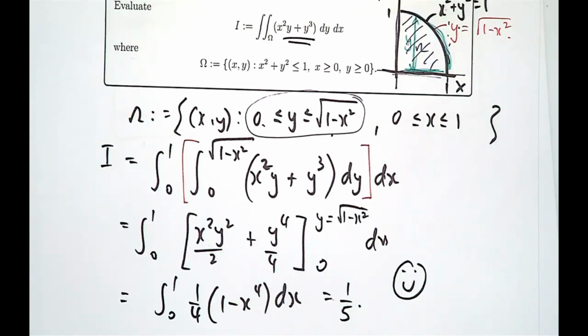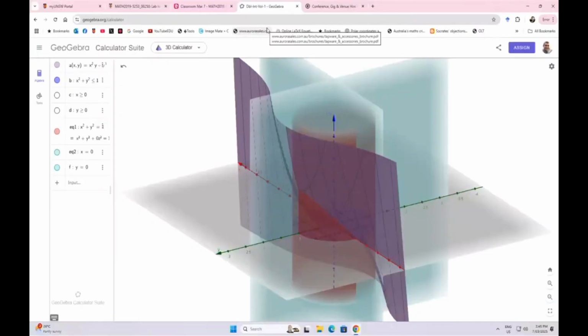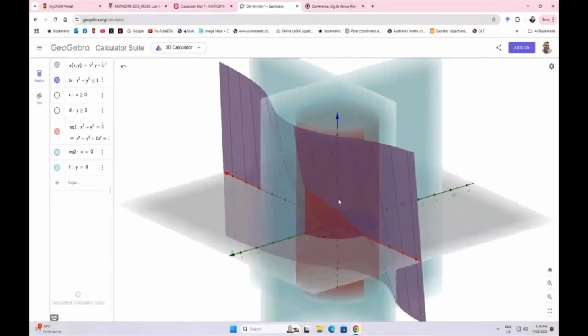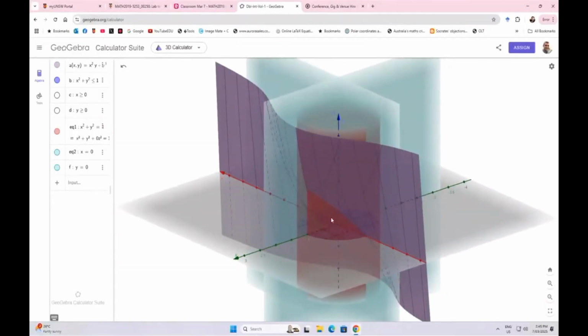So if I showed you the picture again from GeoGebra, let me just show you that. Okay. So the purple thing is the surface. And then you've got that quarter disk down there.